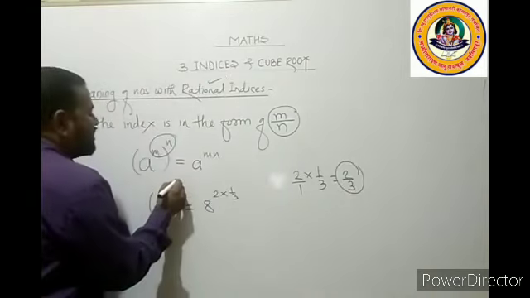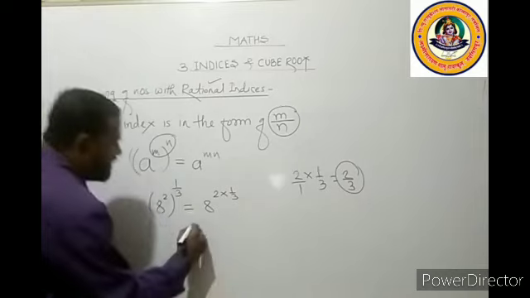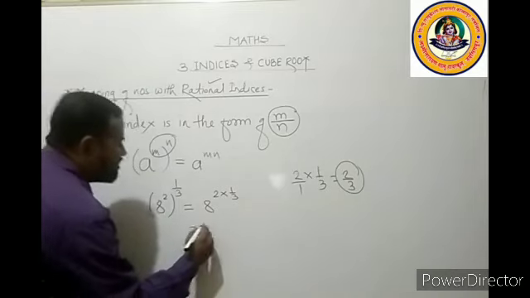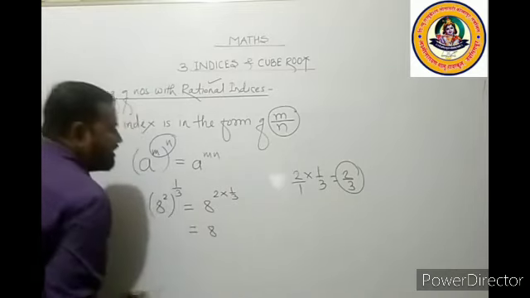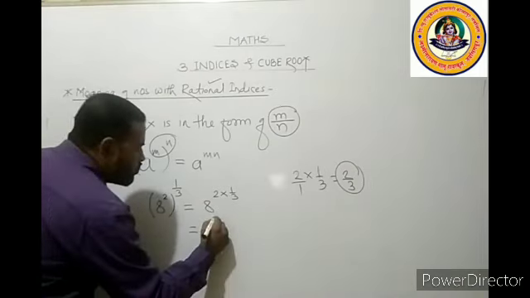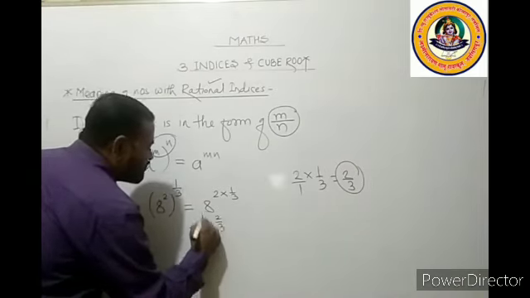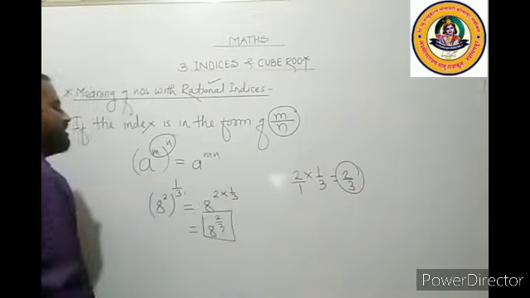That means we write the index such that 8 raised to 2 by 3.